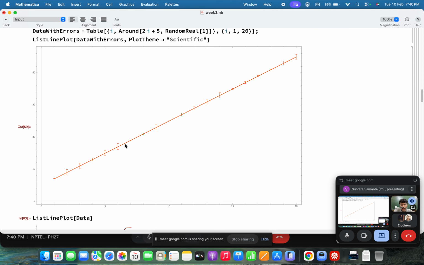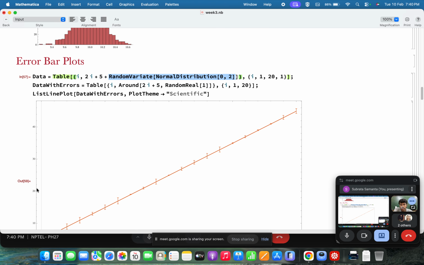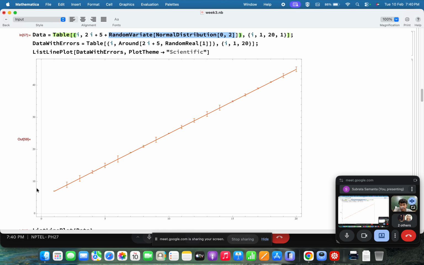So this is the line, your 2x plus 5 line. You can check, this is 5, this is 10 and this is 0, so it intersects at 5.